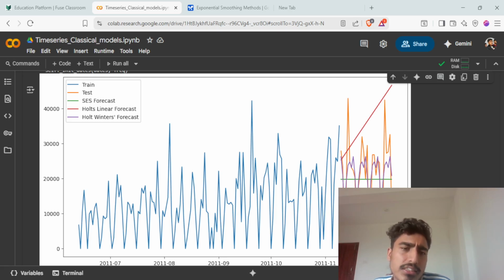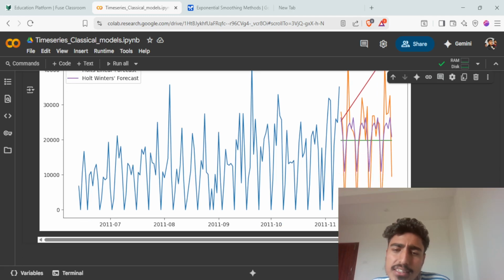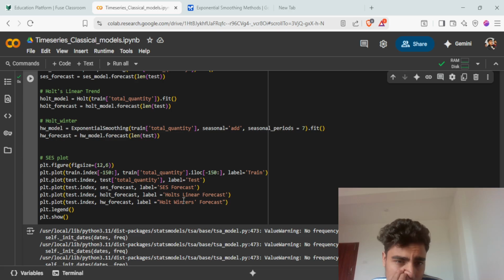What is seasonality? Seasonality comes at equal intervals, in a certain time frame. I think it is weekly. I have mentioned the seasonal period as 7, which means weekly seasonality, repeating weekly.